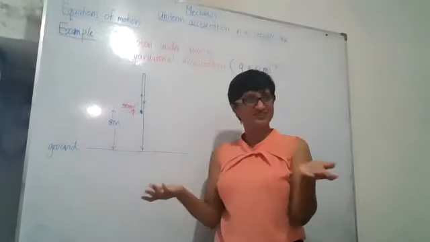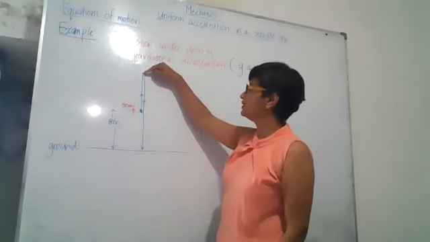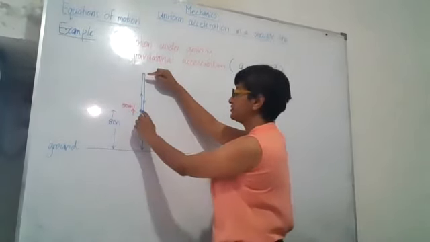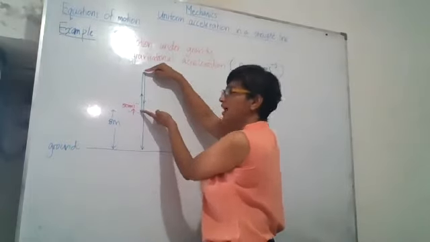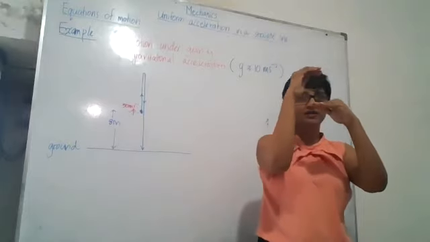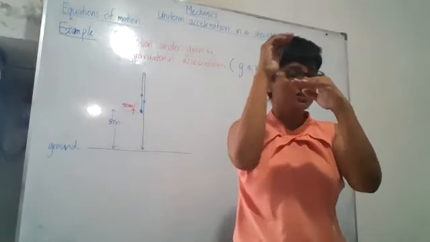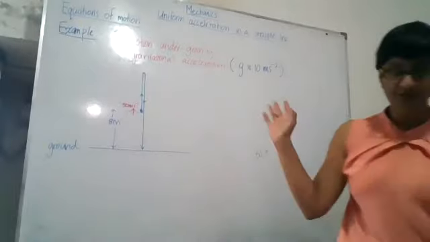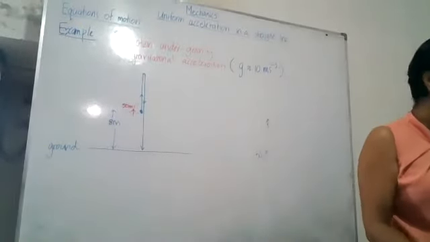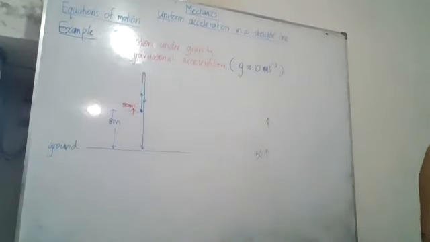The whole motion is this, but in order to find the distance traveled from here to here, I have to consider only that section and apply equations of motion to that section. So let's label. Now I'm doing this question very slowly.